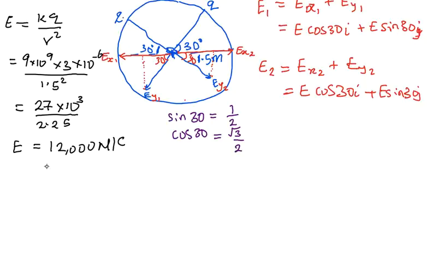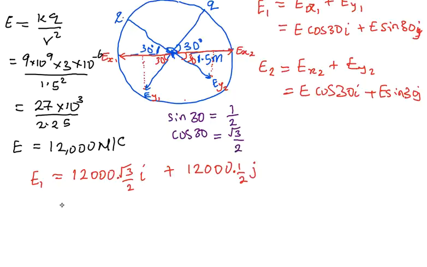So for E1, we can say that E1 is E, which is 12,000, times cos, which is root 3 divided by 2, i, plus 12,000 times sine 30, which is half, j. This is a multiplication sign.